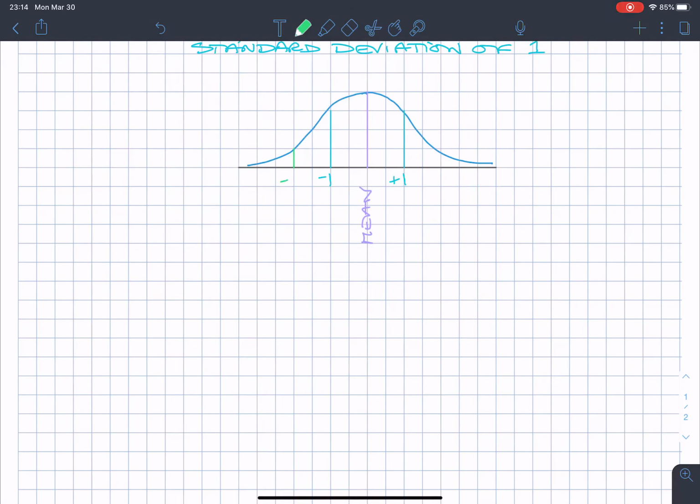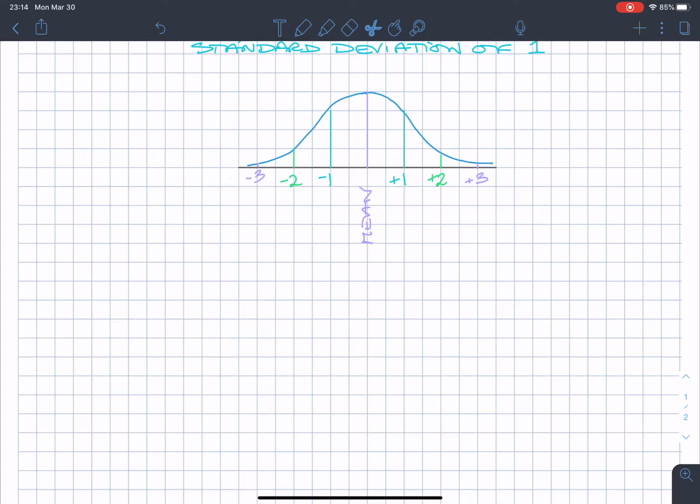And then a -2 or +2 from the mean. That's 2 standard deviations. And then down here would be -3 and +3, standard deviations away from the mean.